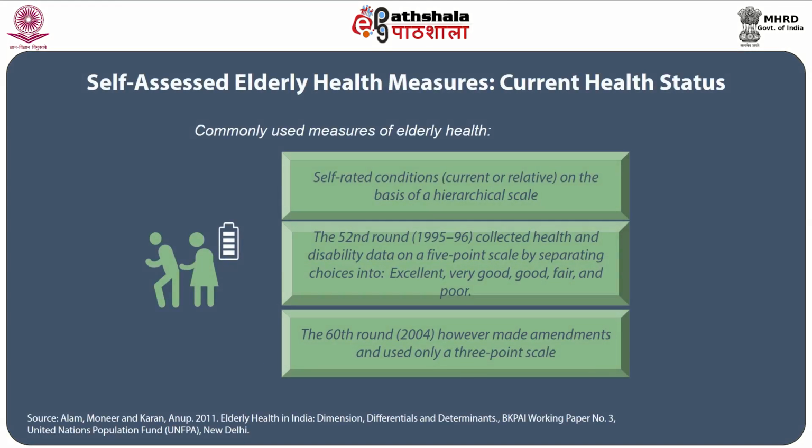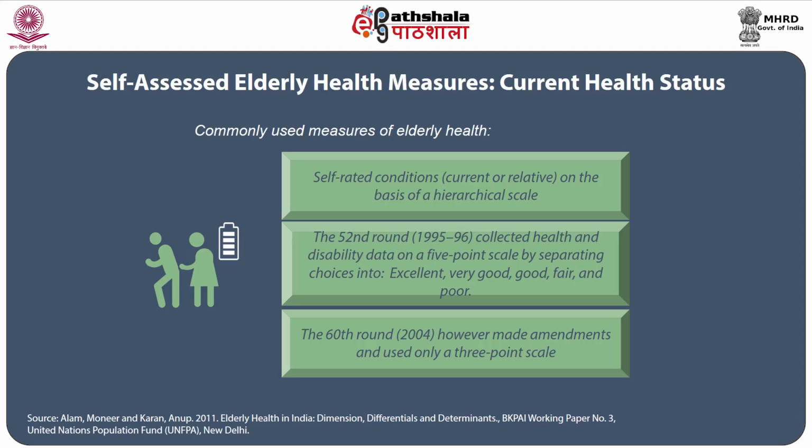What about self-rated reported health? What are its current levels and how relatively are they reported? When you talk about self-assessed elderly health measures, it is important that there are commonly used measures of elderly health, like self-rated conditions, current or relative, on the basis of a hierarchical scale including categories like excellent, very good, good, fair and poor.